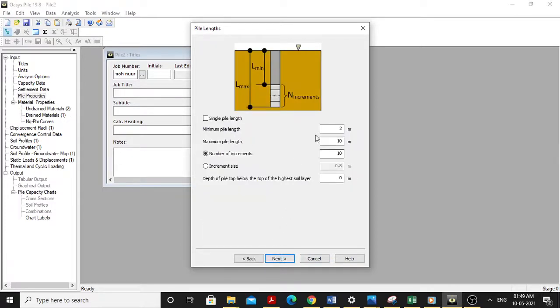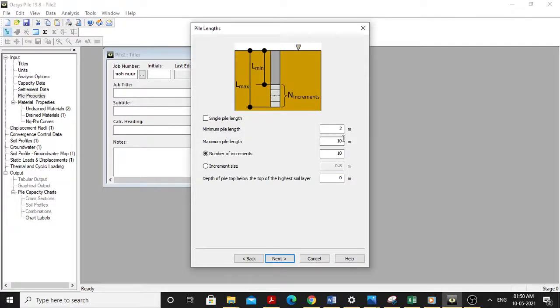And here if you see that although our pile length is 10 meter, if we want, then we can also select this, and we can provide only a single parameter, just like I deselect this, and you find that here I can just give 10 meter. But in this case we have given the variation from 2 to 10 meter.